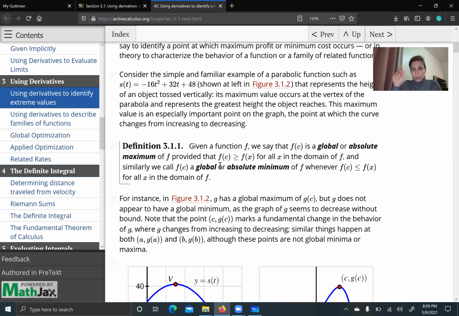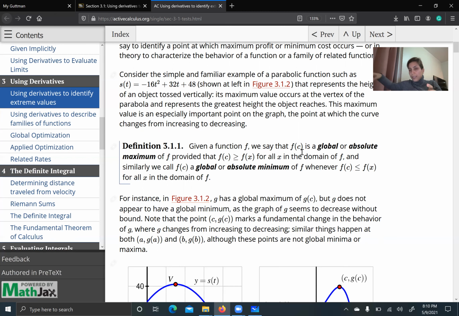So suppose you have a function. The function gives you a set of output values, right? Absolute maximum, if it exists, maybe it doesn't, but if the function has an absolute maximum, for example, f of c, you give an input value to the function, it returns an output value.